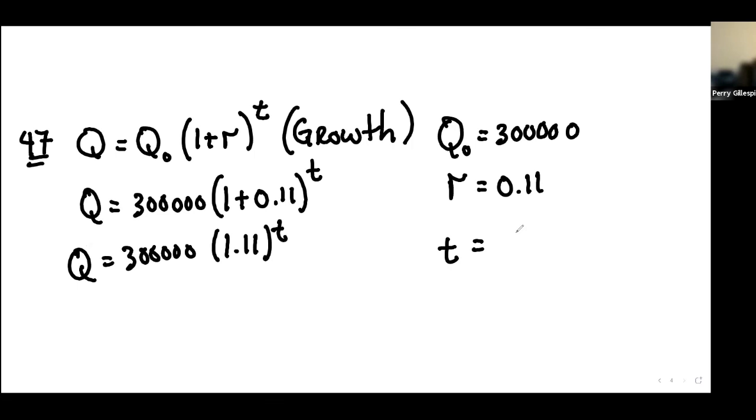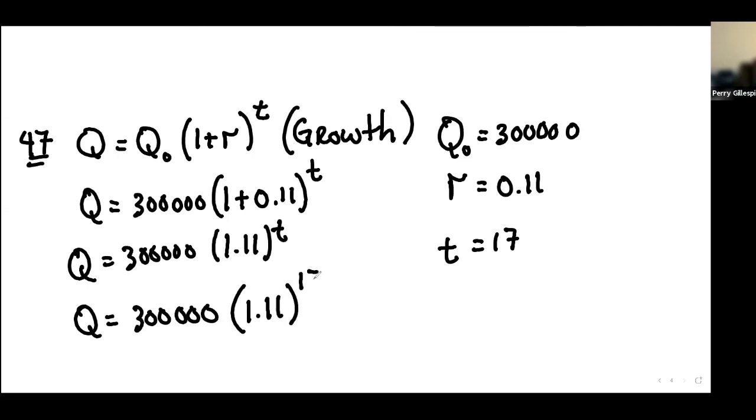In 2017, what will be the value of the housing market? So we're saying T is equal to 17. So we have Q is equal to 300,000 times 1.11 raised to the 17th power.